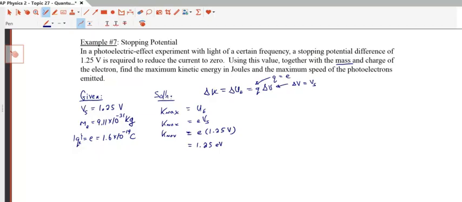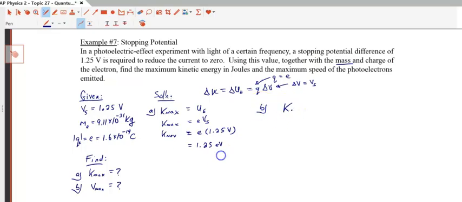And what are we trying to find? The maximum kinetic energy, which we just found, 1.25 electron volts. I'll call that part A. Then for part B, we need to find the maximum speed of these electrons. That's the part that we still need to do.